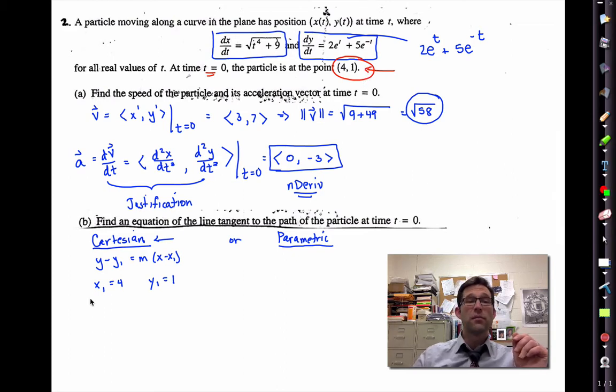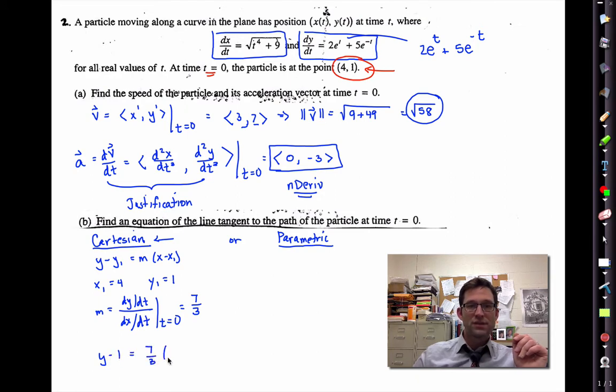I can even do a little bit better. We know that the slope is going to be dy dt divided by dx dt, specifically at t equals 0. But I know what those are. They're 7 and 3. So my slope is 7/3. So it's easy. Y minus 1 equals 7/3 times x minus 4.